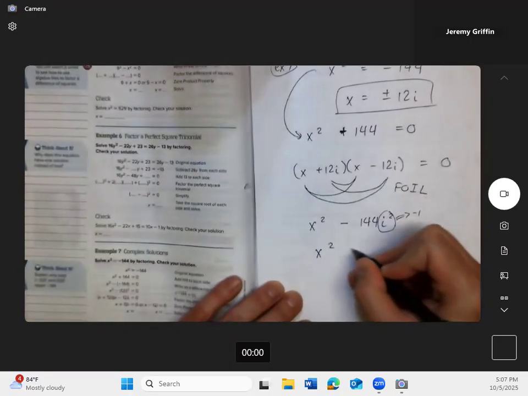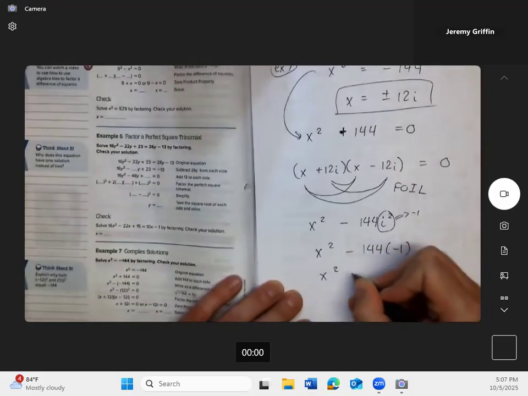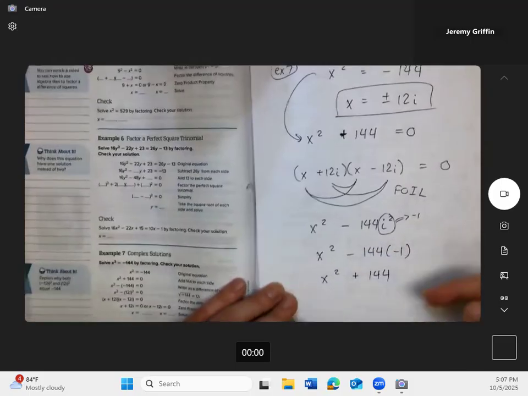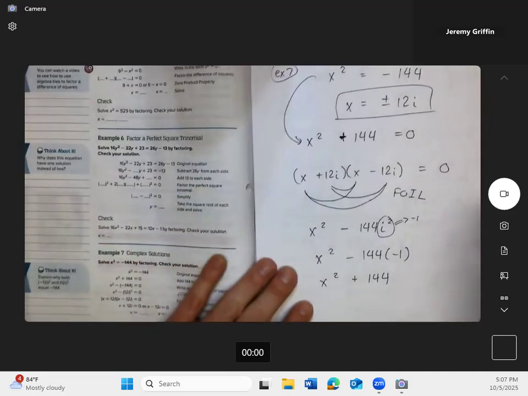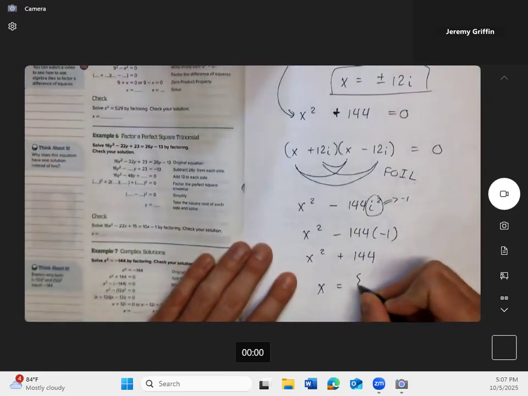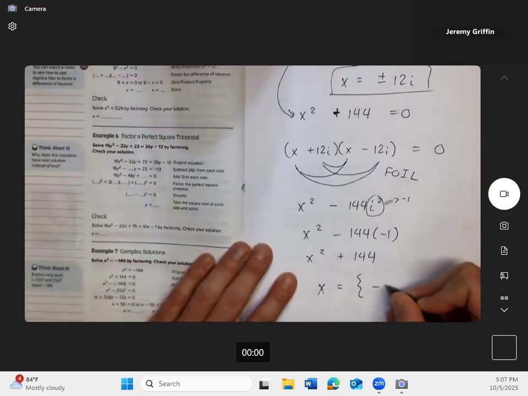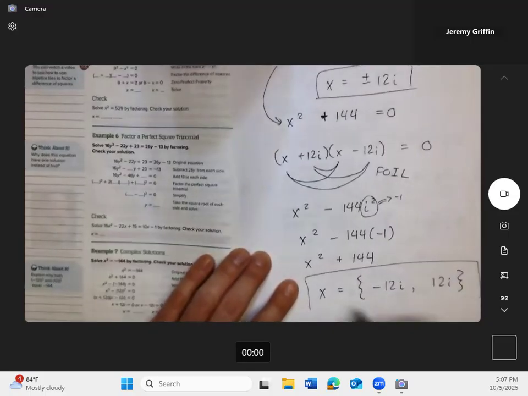So this is x squared minus 144 times negative 1, or x squared plus 144, which is what this looks like. So however you do it, x is equal to negative 12i and also 12i. Curly brackets, discrete solutions.